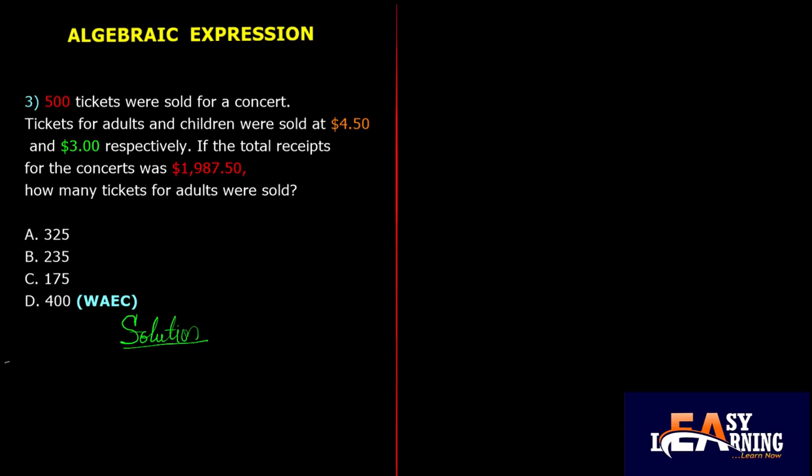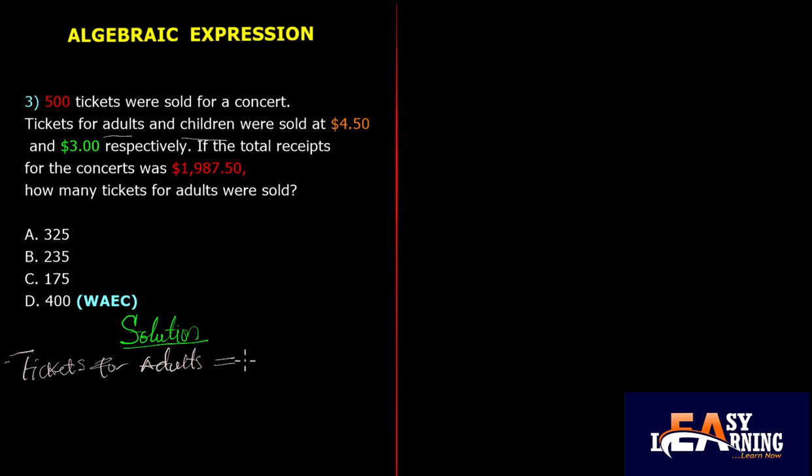And taking the solution, there are some certain things that we need to make known from what we are told. Ticket for adults, ticket for children. We are asked how many tickets for adults were sold, so we don't know.